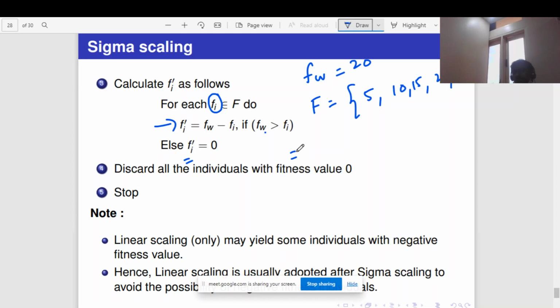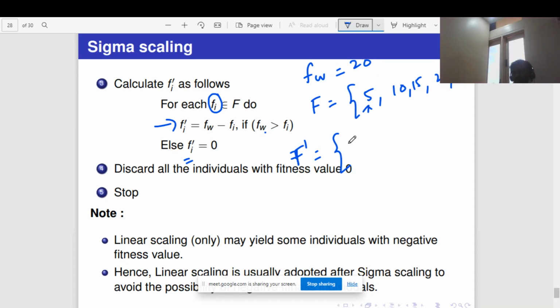What will be F dash as per this formula? These are the individual Fi. This is Fw. If Fw is greater than Fi, what should you do? Otherwise 0.